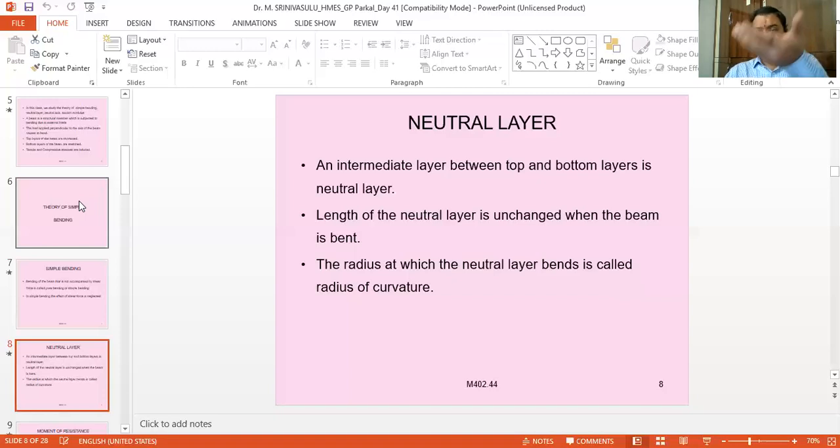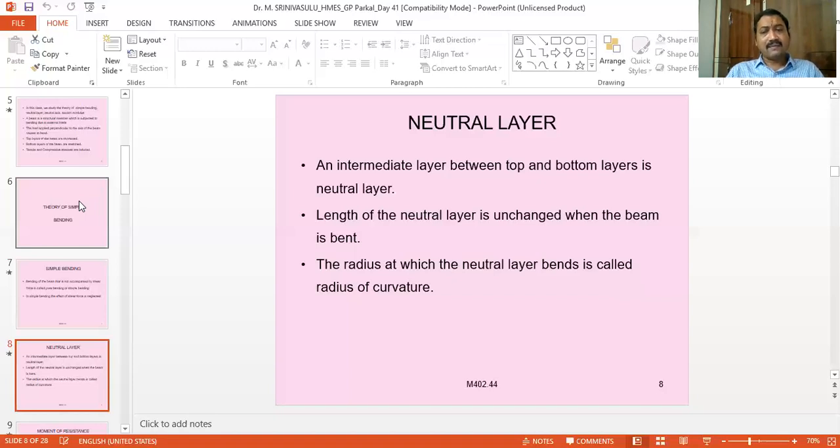So for example, if this is a straight beam and due to the load it bends like this, the neutral layer is the layer at which the length of the beam does not change, and the radius at which the neutral layer bends is called the radius of curvature. Generally it lies at the midpoint of the outermost layer and innermost layer of the section.